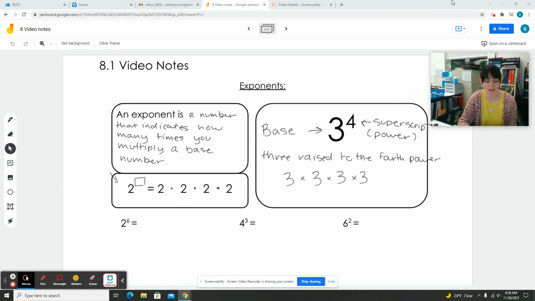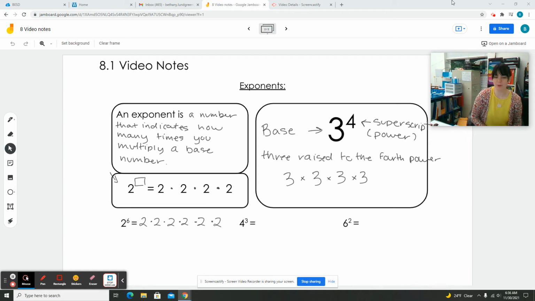So we have 2 as our base. So 2 is going to be our number that we are multiplying over and over again. And it's raised to the 6th power. So we're going to multiply that 6 times. So we're going to do 2 times 2 times 2 times 2 times 2 and times 2.